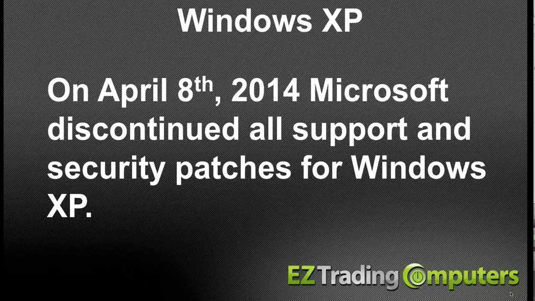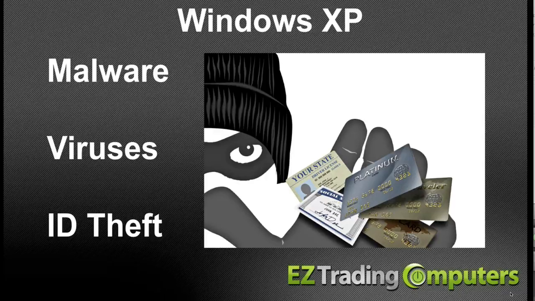As new security patches come out now for Vista, 7 and 8, hackers can take that code, reverse engineer it, and find the equivalent vulnerability inside of Windows XP and exploit it because there's no security patch for XP. So what will happen as time goes on, the more people stay on XP, the more vulnerable they will become. So it is a big deal and actually becomes a bigger deal as time goes on.